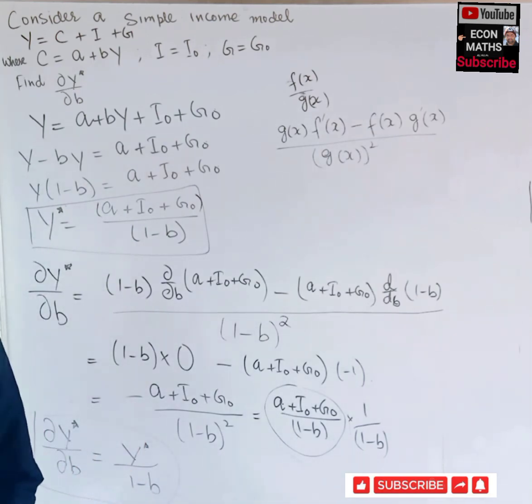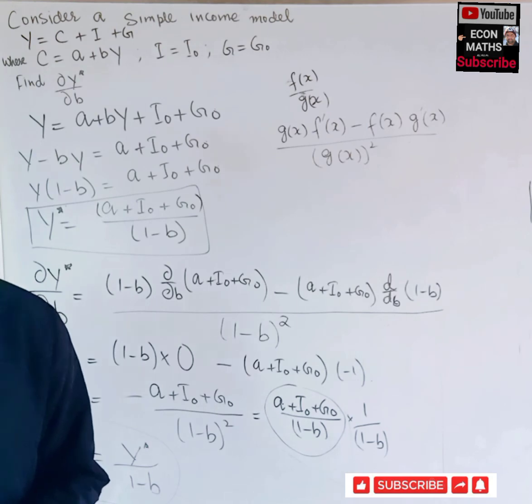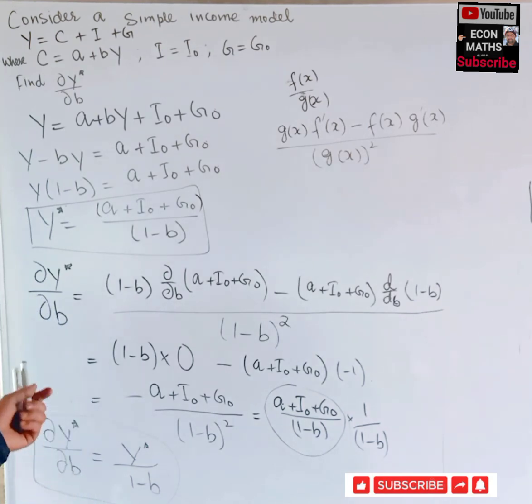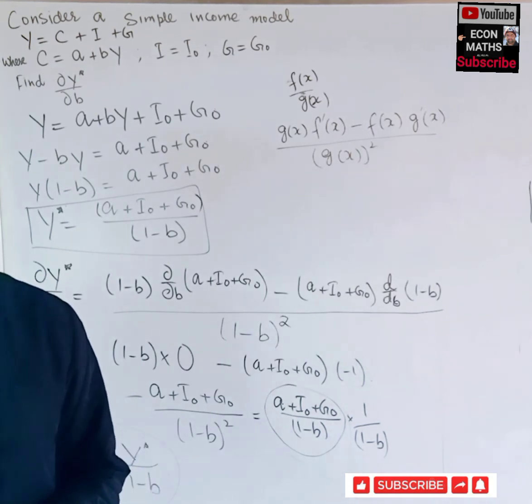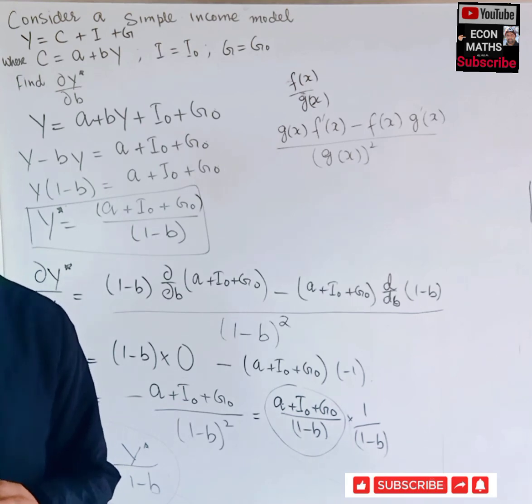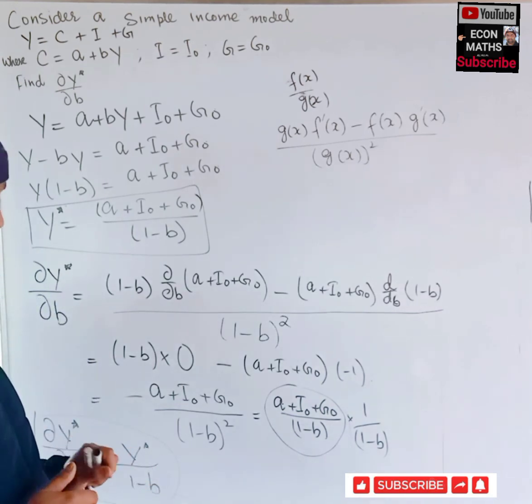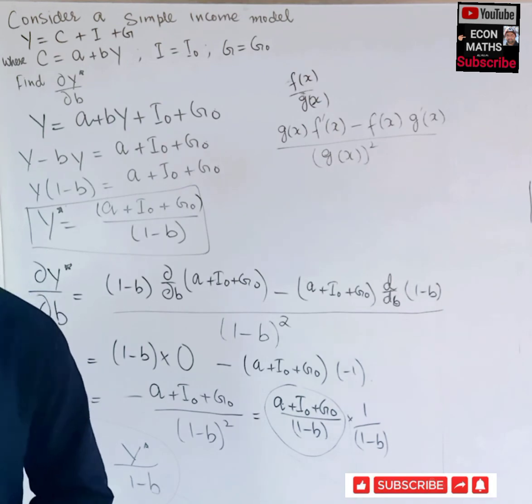This very relation tells us how the income will change if there is an incremental change in the marginal propensity to consume, if there is a small change in the marginal propensity to consume. I hope I made myself clear. Thank you.